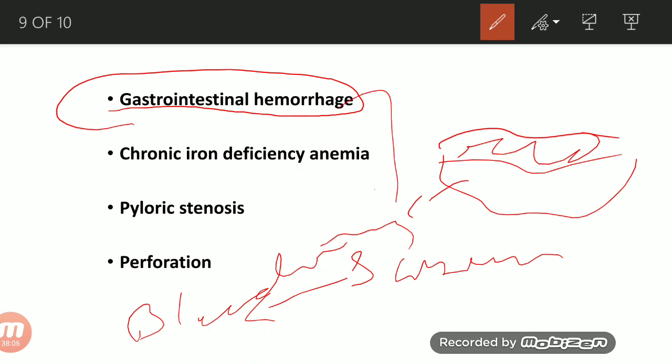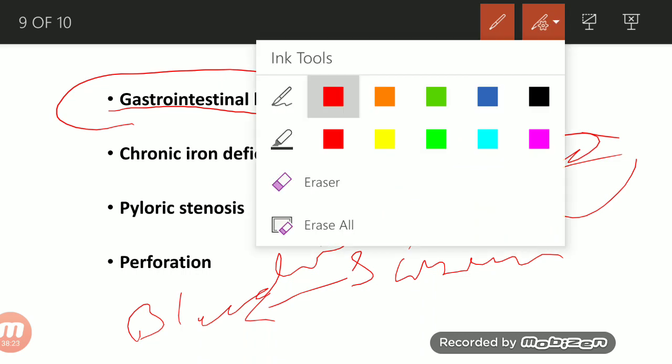So mucosal layer damaged, you reach the submucosal layer or even deeper, that will cause bleeding in your gastrointestinal tract. So that is your gastrointestinal hemorrhage.